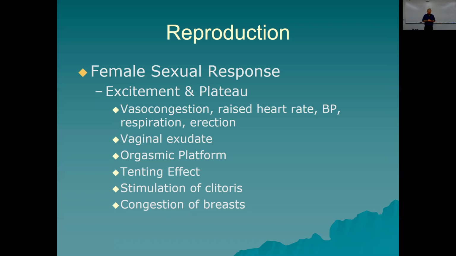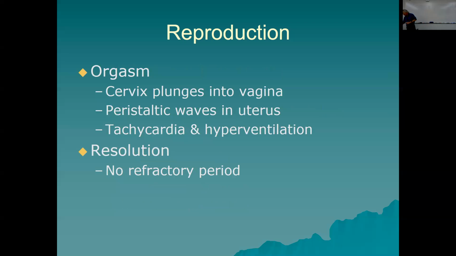Breasts are a little bit congested also. At orgasm, the cervix plunges into the vagina and probably will assist sperm in getting into the cervix. Peristaltic waves in the uterus will help push sperm up into the uterus and into the fallopian tubes. There's tachycardia and hyperventilation. Heart rate and breathing rate go up, of course.